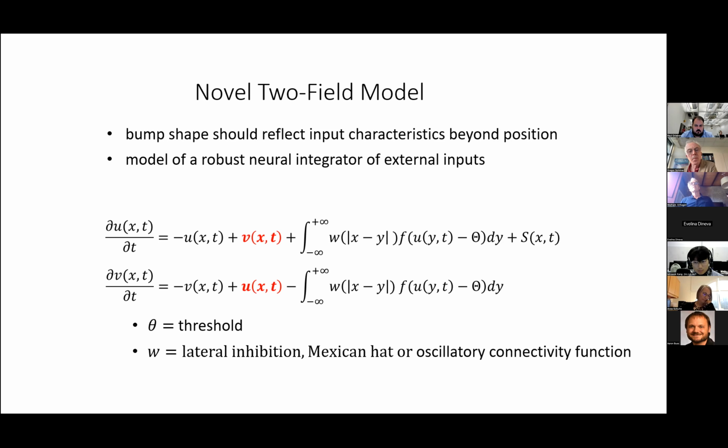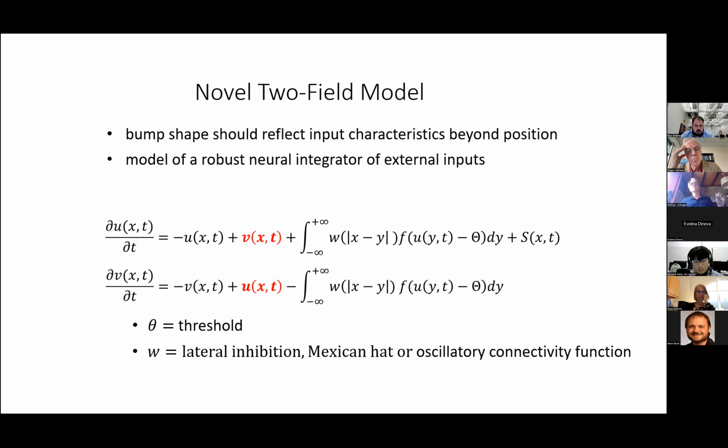The point is that you can use the whole battery of mathematical tools that has been used for the Amari equation also for this coupled system, and understand it very well in terms of pattern formation and so on. So the message is that two coupled Amari equations, and this is my hypothesis now, do the job we want. In the next slide I show the analysis of bump solutions.